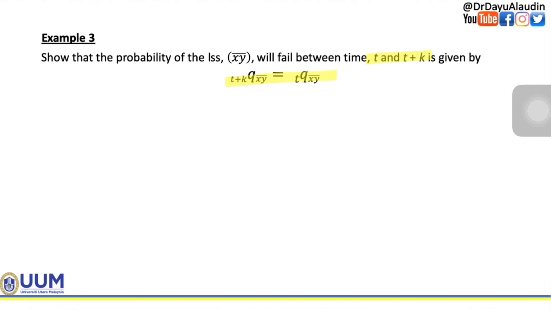So if we draw the timeline, the probability that we want to find is from t to t plus k. Probability of fail.